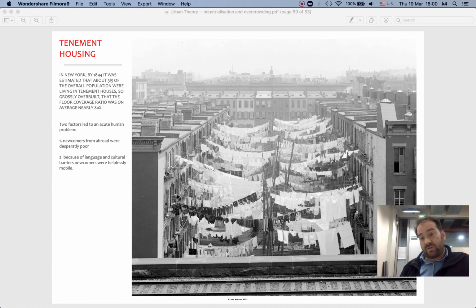So poverty was a big problem, and then people came from all different countries speaking different languages, so it was quite difficult to integrate people into the new city, which also means that you would have the problem of slums and kind of ghettos emerging.